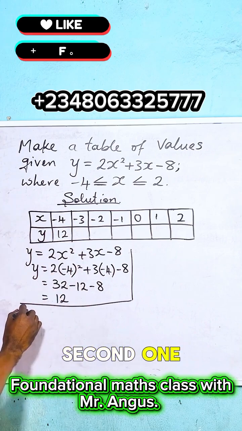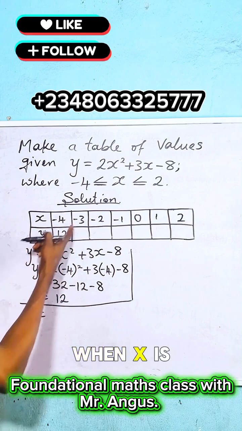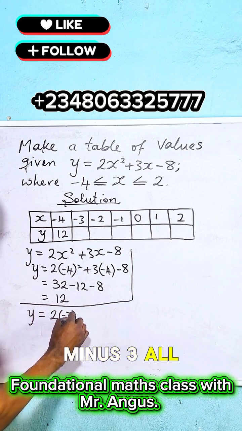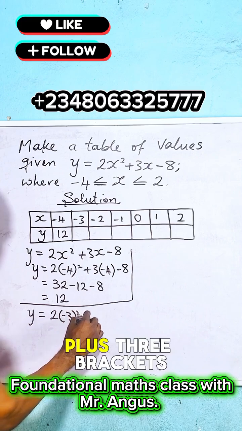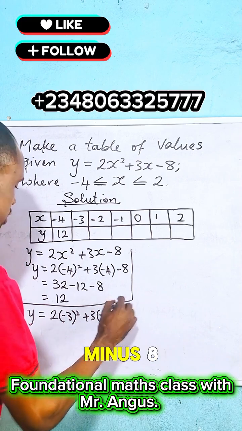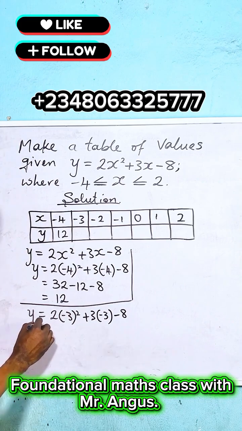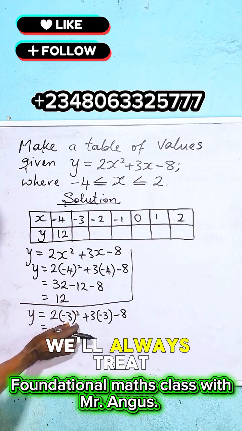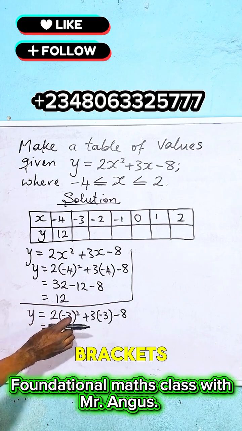Then for the second one, when x is minus 3, we'll have 2 brackets minus 3 all squared plus 3 brackets minus 3 and minus 8. Minus 3 squared. Remember, we'll always treat the one in brackets.